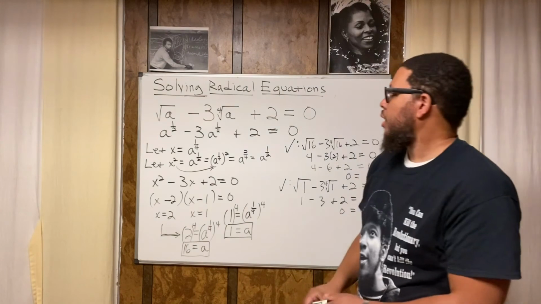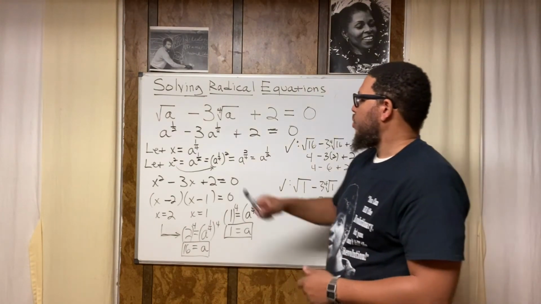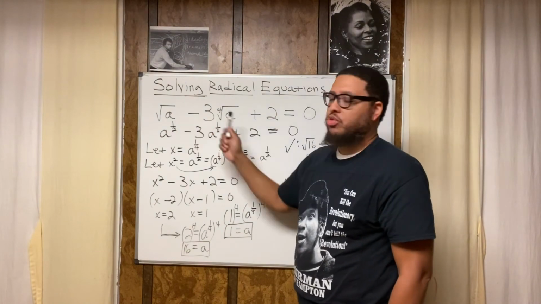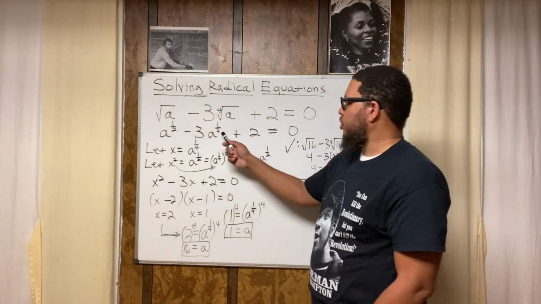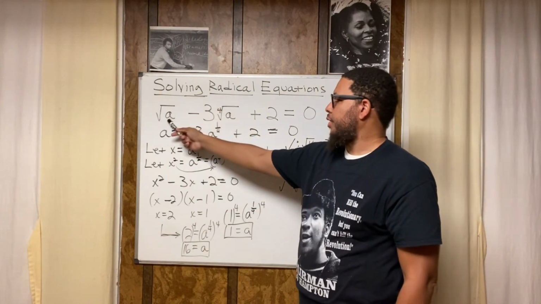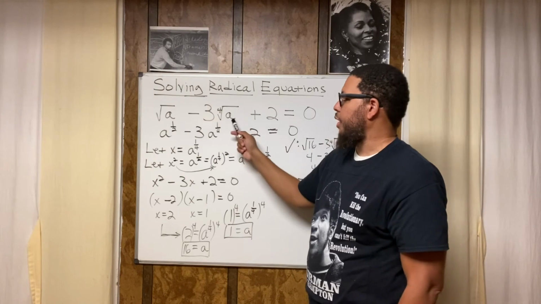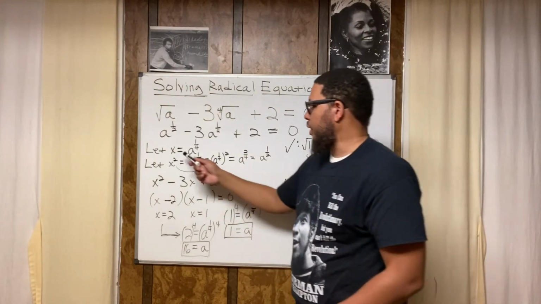So basically, this is a good problem, because it's a reminder that when the problem is set up like this, when you have these radicals that are related to each other, like a to the 1/4 and a to the 1/2, where this right here is just this squared, you can do a substitution method, where you let x equal a to the 1/4.